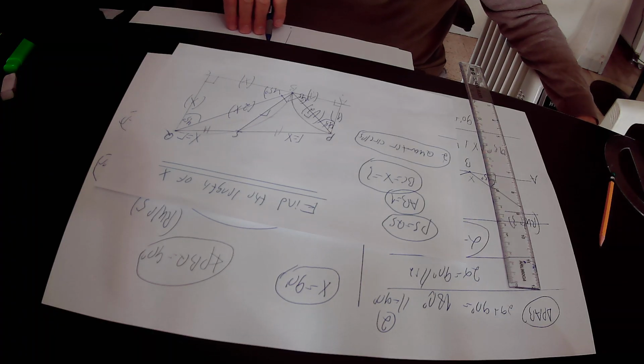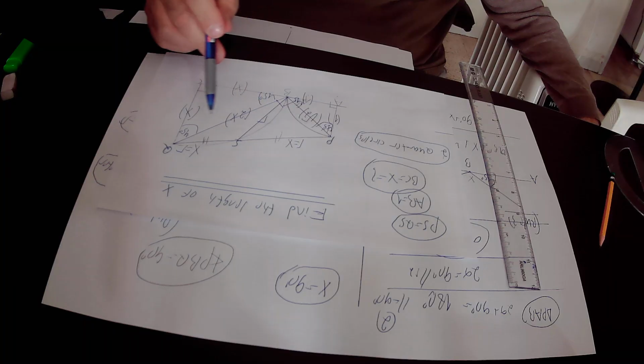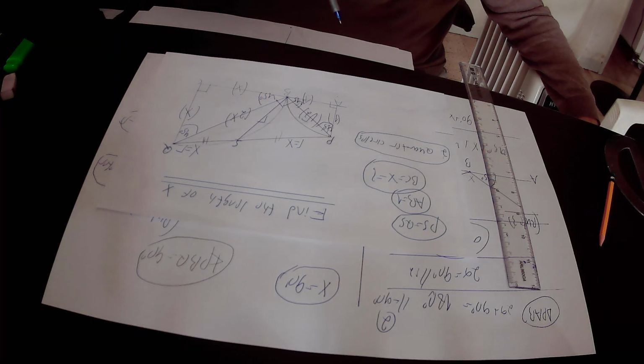In the next step, we'll do a construction. First of all, I will copy this big quarter circle to a new page, and then we will extend this quarter circle to a circle.